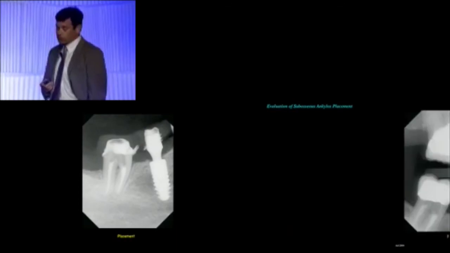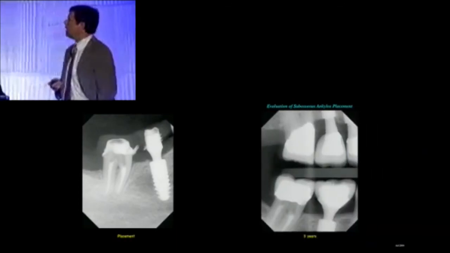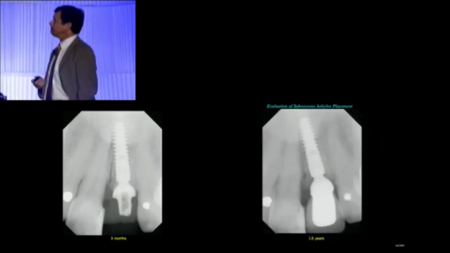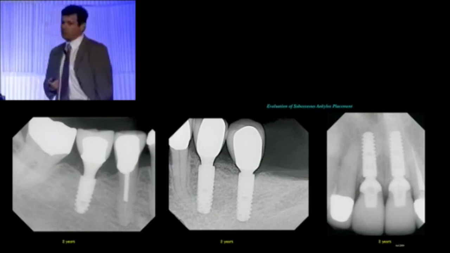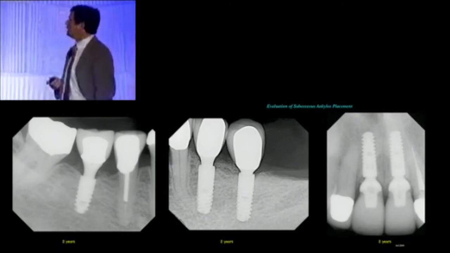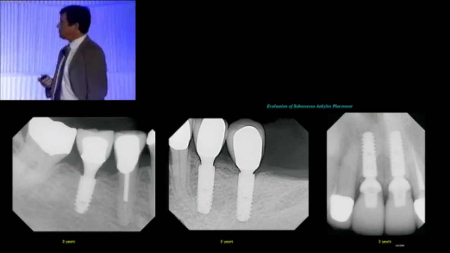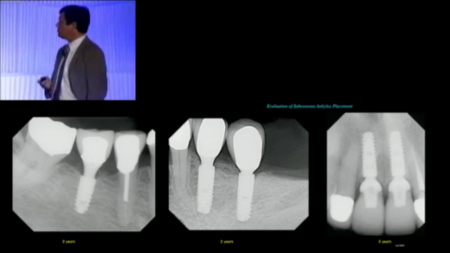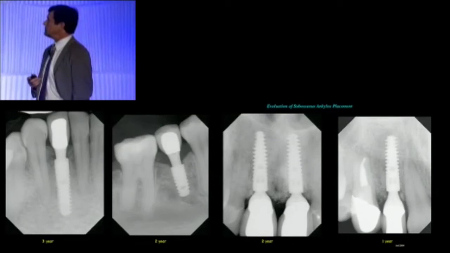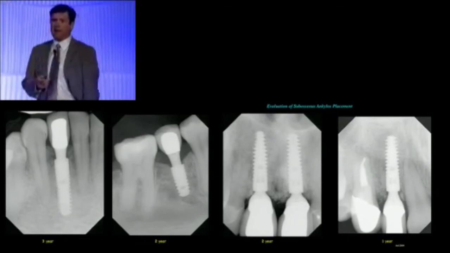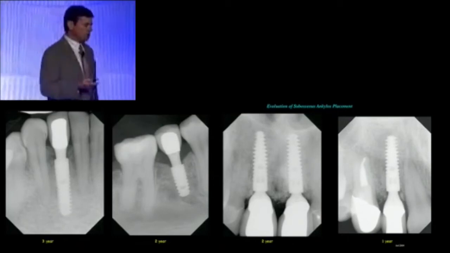And this involves also posterior cases, side-by-side cases, and cases restored with zirconia abutments, cases restored with metal abutments. Anterior, lower anterior cases, and typical types of cases that Tord will talk about in his data crunching.